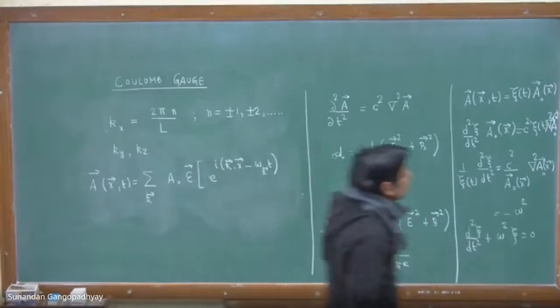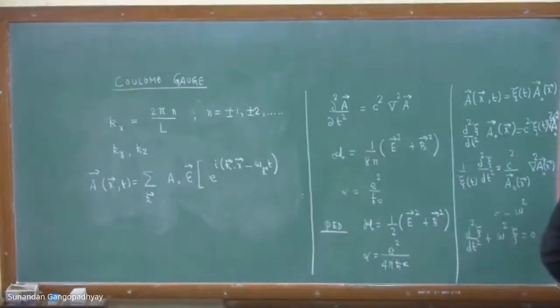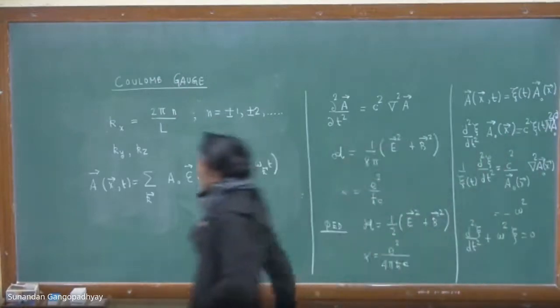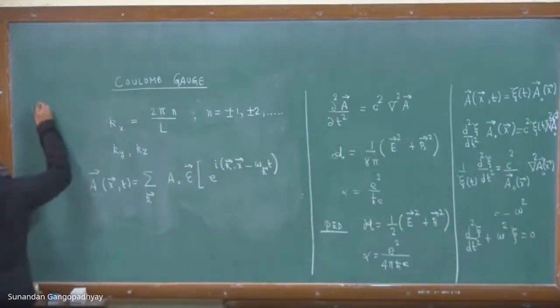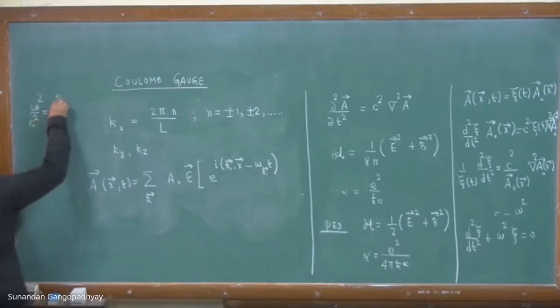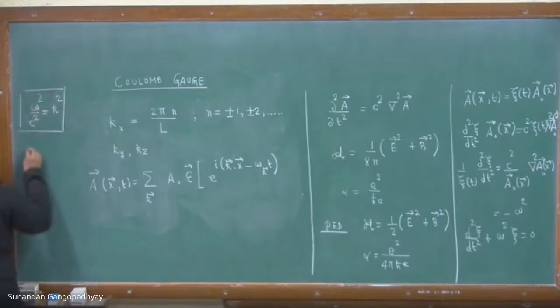And another thing is that here this omega squared by c squared is basically k squared. So omega squared by c squared is equal to k squared. So this actually gives us omega is equal to ck.